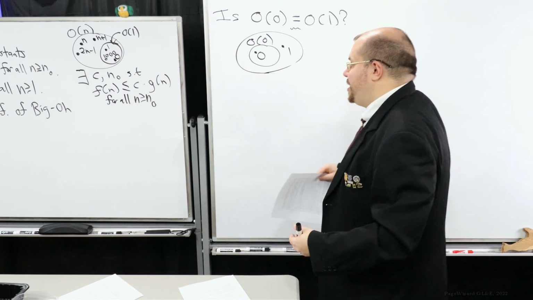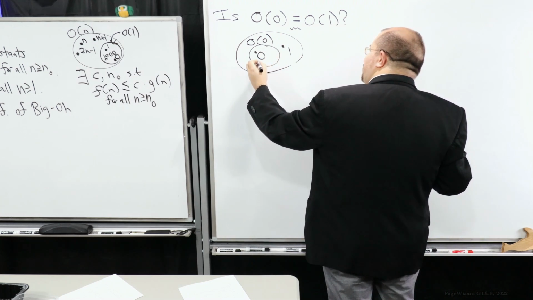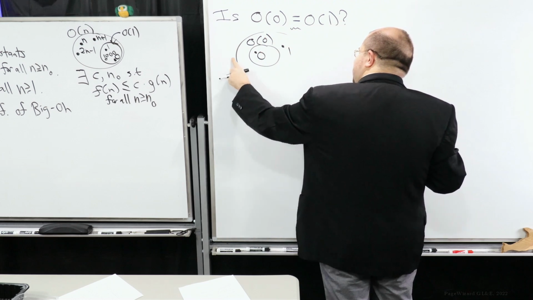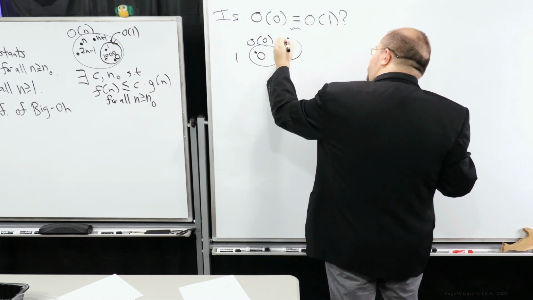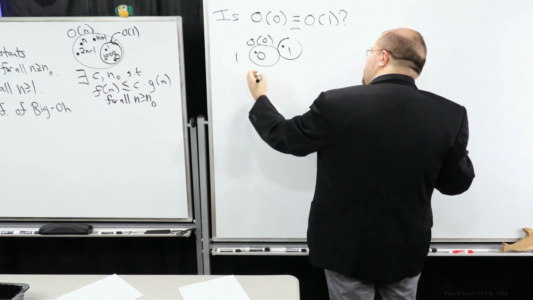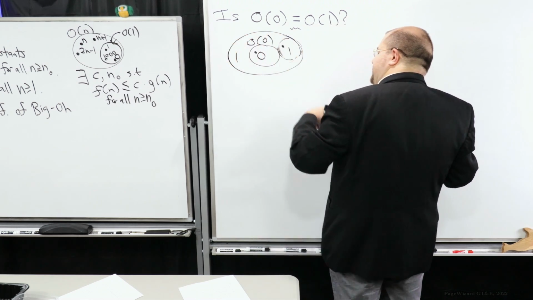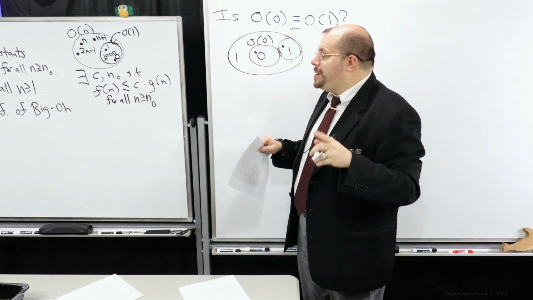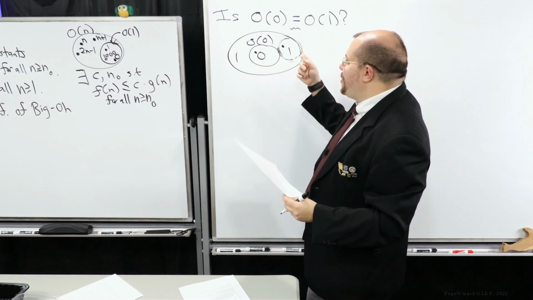We don't even need to go that far. Remember, what we established earlier is that 0 is big O of 1.